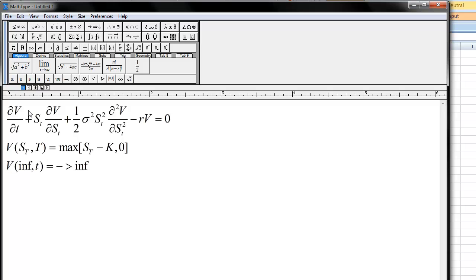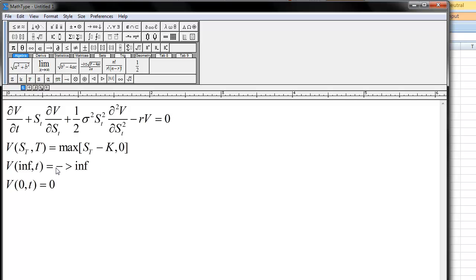I cannot use the panel over here because it has frozen. I hope you understand this notation. When the spot price goes to infinity, the value of the call option also goes to infinity at any time. And the last equation is when the spot price is 0 at any time, the value of the call option is also 0.